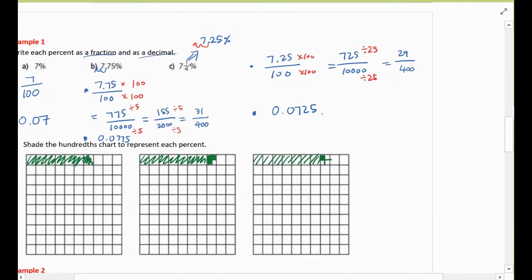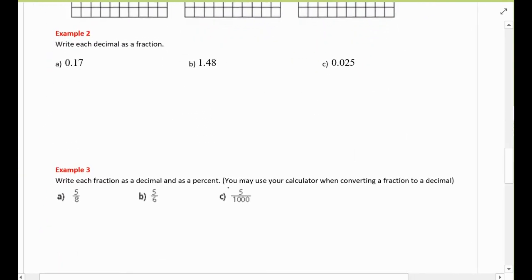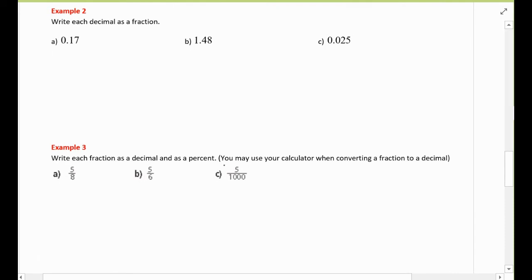All right. Let's move to example 2. Write each decimal as a fraction. Okay, how many decimal places do you have here? 2. Then you need 2 zeros.